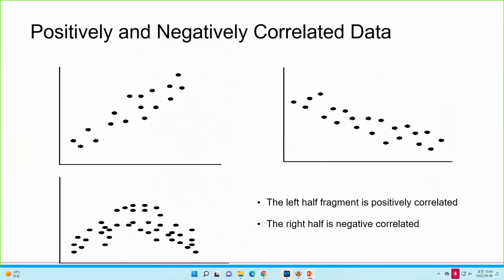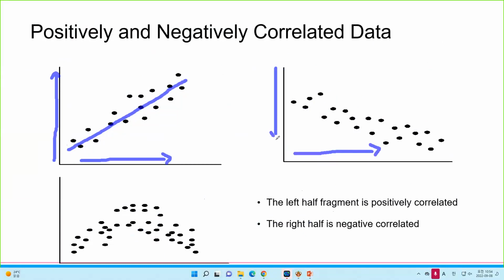You already see in the data that if there is an increment on X and it follows the increment on Y, it is positively correlated. If the increment of X is followed by the decrement of Y, it is negatively correlated.